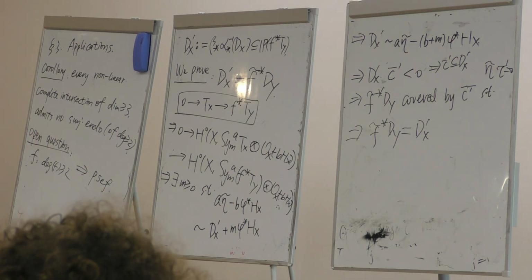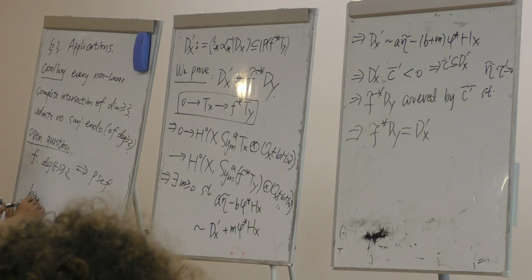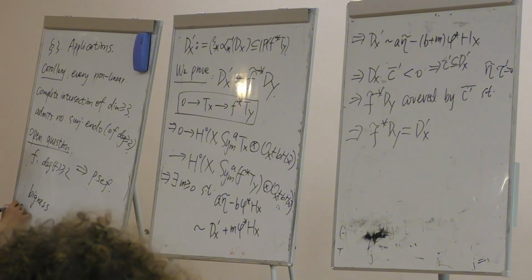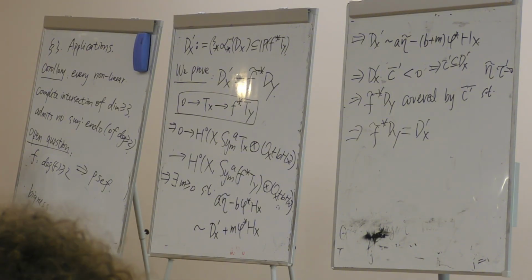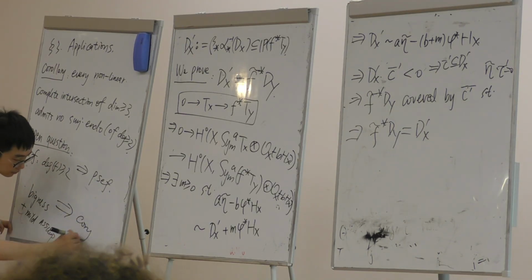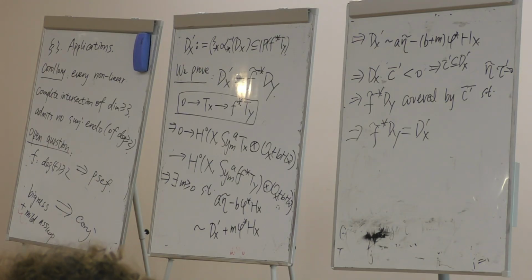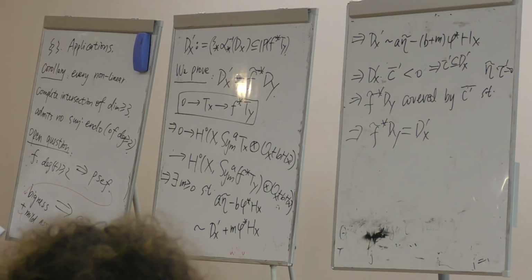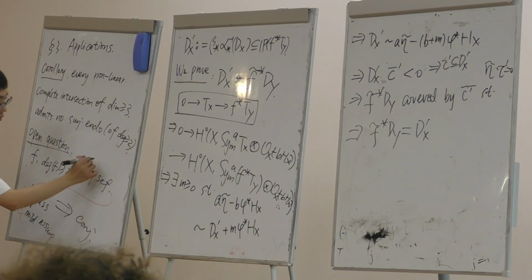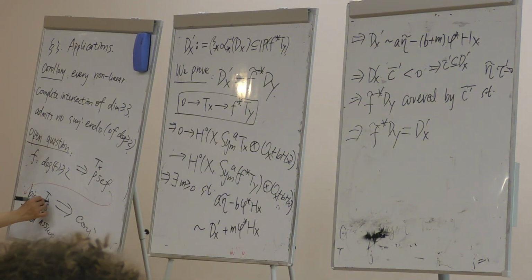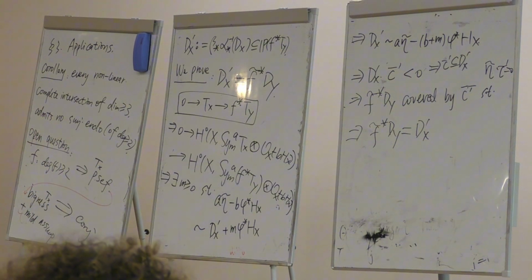And if we further assume some bigness, plus some other mild assumption, we obtain this conjecture. So the question is, how to reach this bigness from the pseudo-effectiveness.